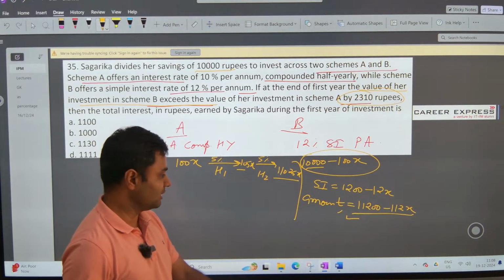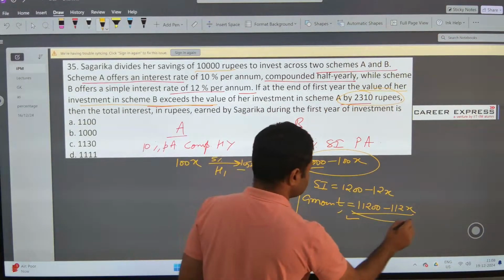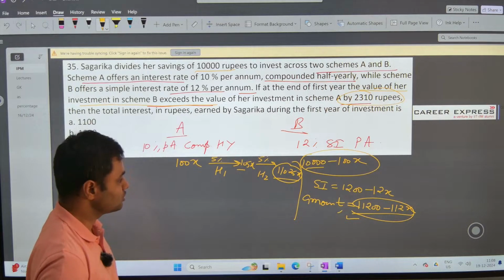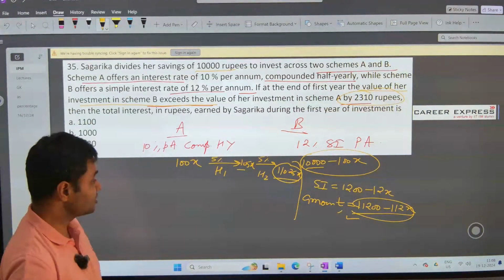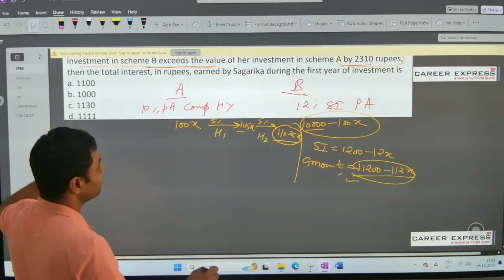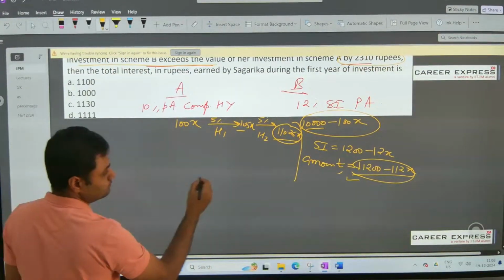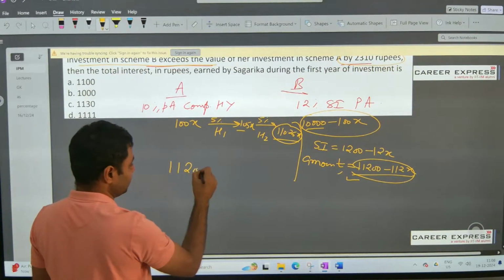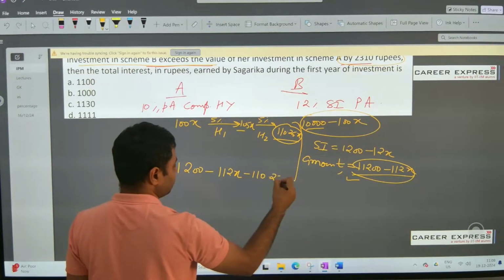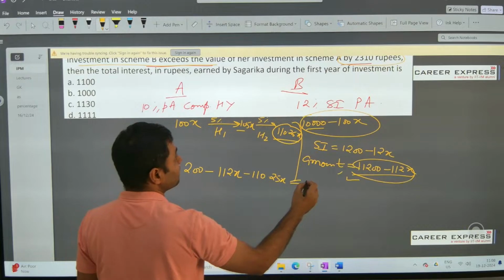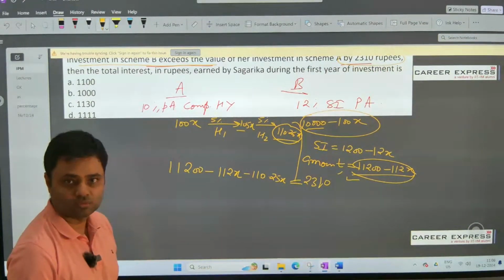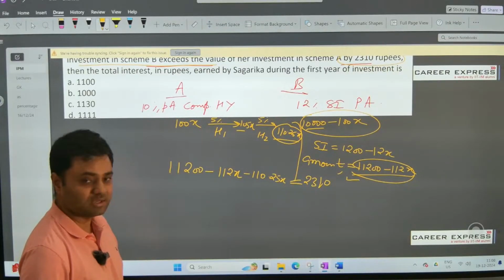So this is the total value in scheme B and this is the total value in scheme A. The difference of these two should be 2310. So we'll just do that. 11,200 minus 112x minus 110.25x should be 2310, the difference of the value of money in two schemes.